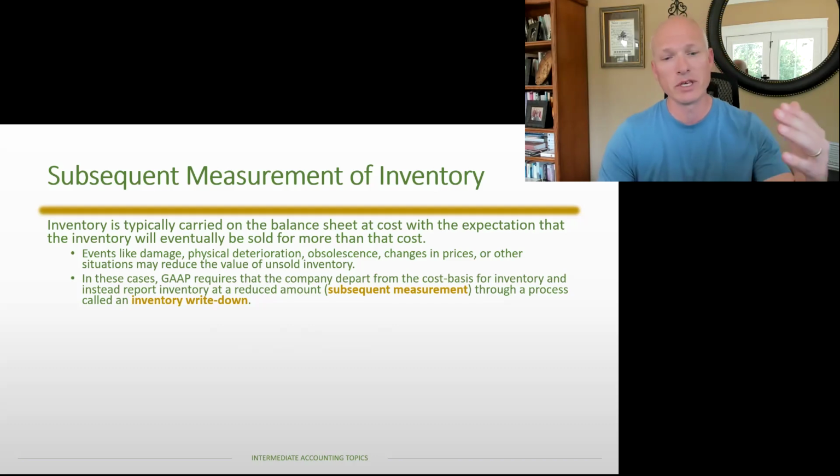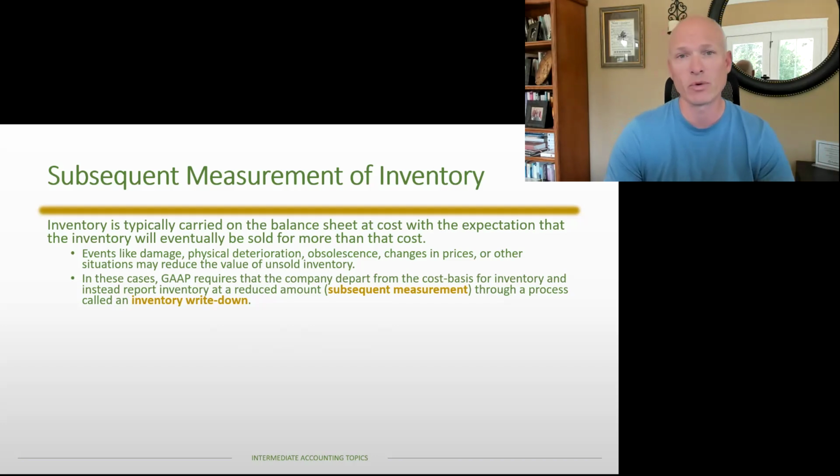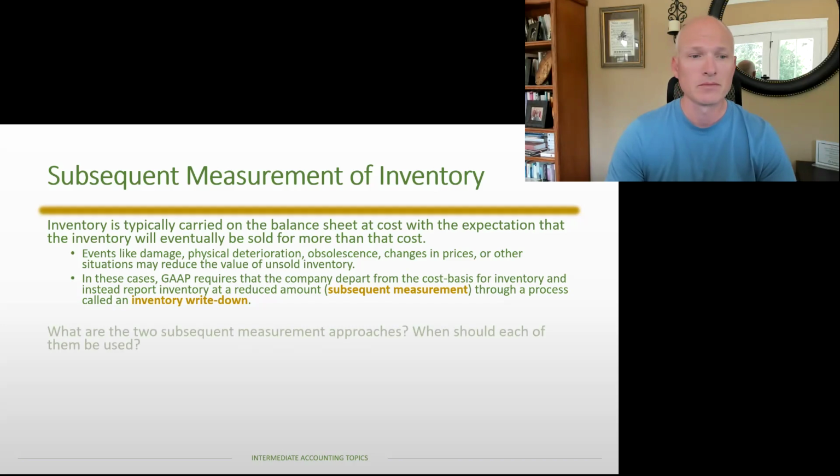Essentially, if something other than cost is a lower value than cost under certain circumstances, you would write that inventory down. So you would go against the traditional treatment of historic costs for inventory and measure it some other way.